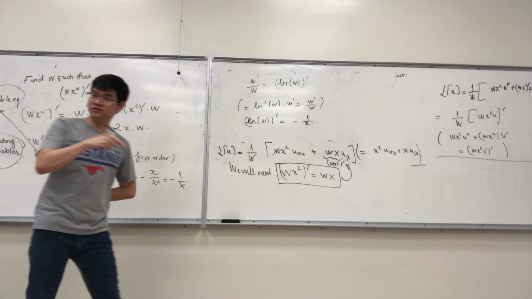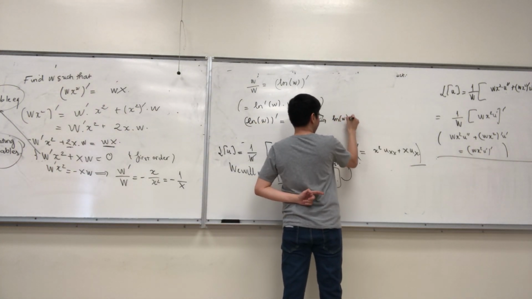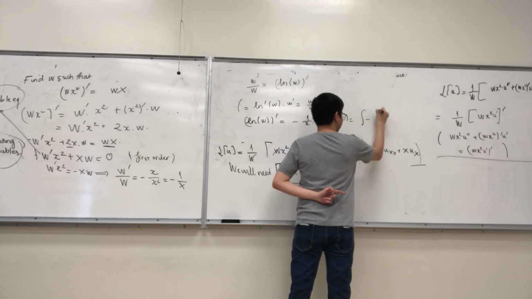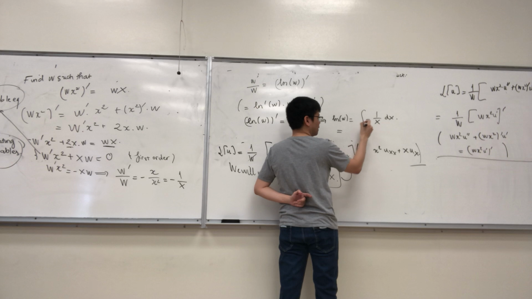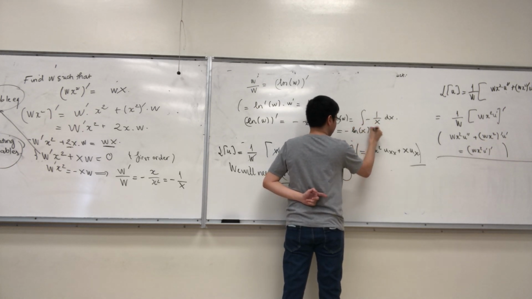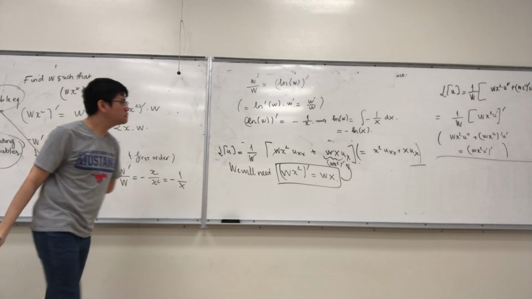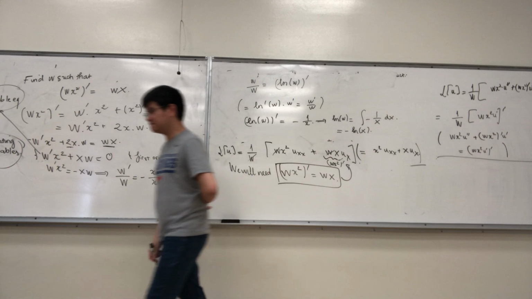To find this, you just have to take the antiderivative. So log of w will be the antiderivative of minus 1 over x dx, and this is minus log of x plus some constant, but here we don't need a constant.